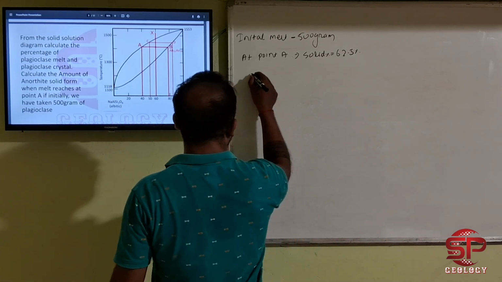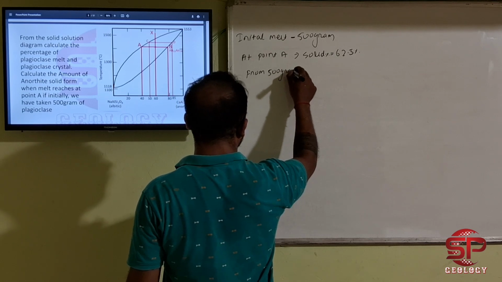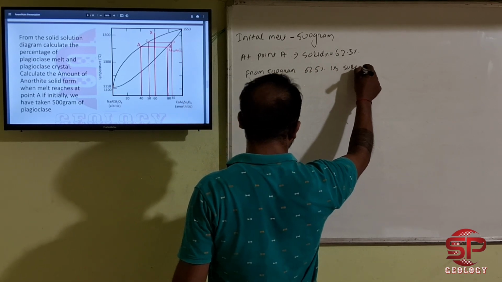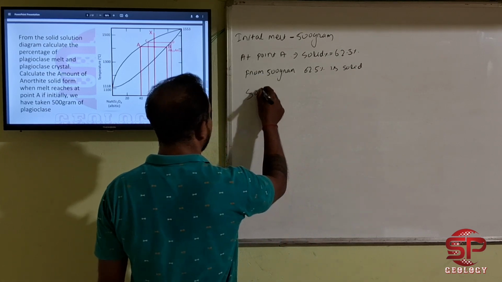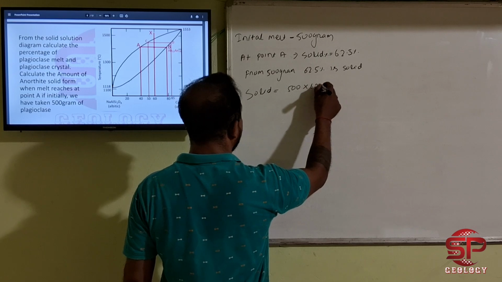So from the initial 500 gram, 62.5% is solid. So the solid will be 500 into 62.5%.